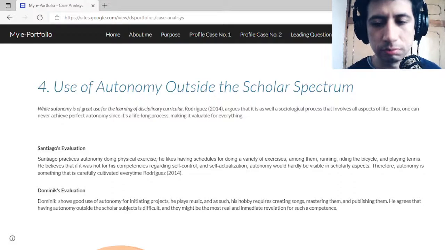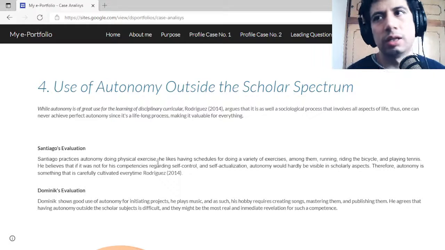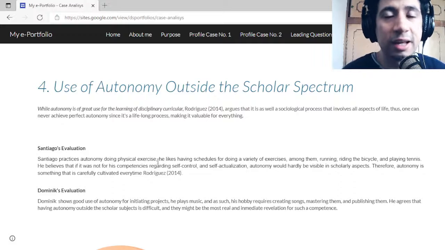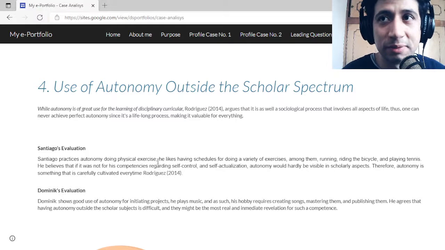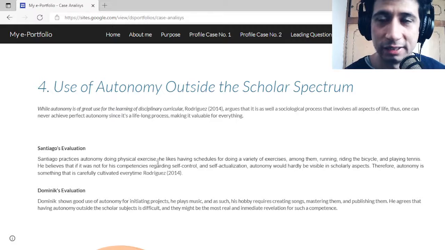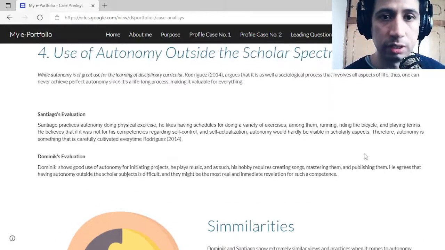Because many people get into an exercise and they're doing well the first couple of minutes, the first couple of weeks, even months, but after some time they leave it off. It's like it's no longer part of their lives. And so we applied a lot of autonomy there. That's where the similarities that we found in these cases.